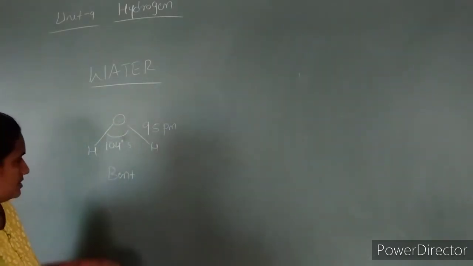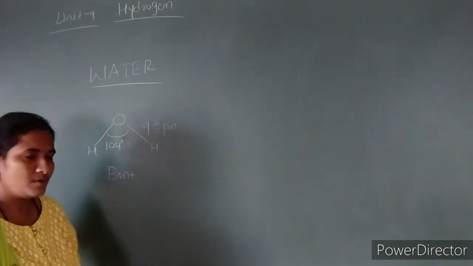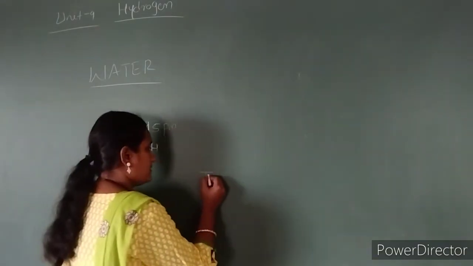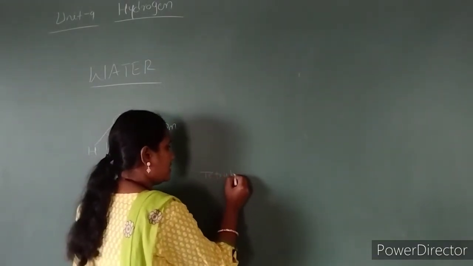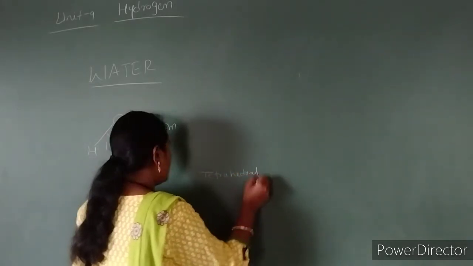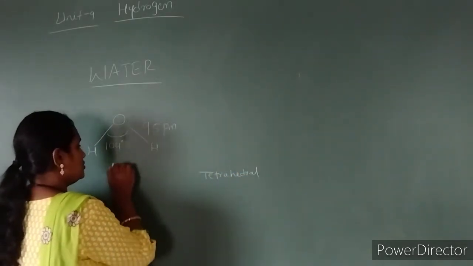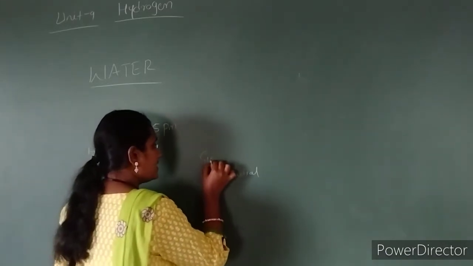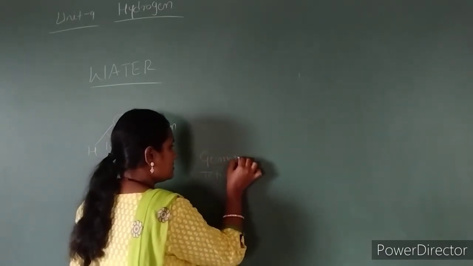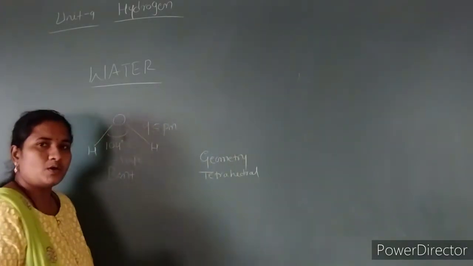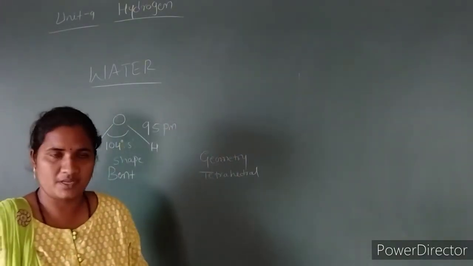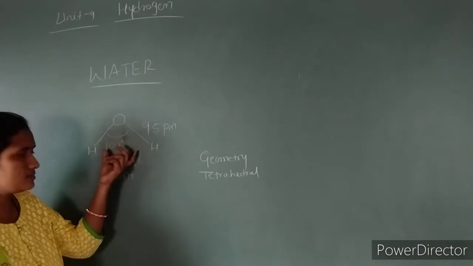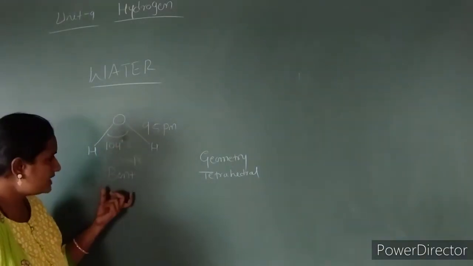But if we consider the geometry of the water molecule, it is tetrahedral. The shape of the water molecule is bent, but the geometry is tetrahedral. We can find the geometry as well as the shape of a molecule by counting lone pairs as well as bond pairs. If we consider only the bond pairs present in the molecule, we get the shape.